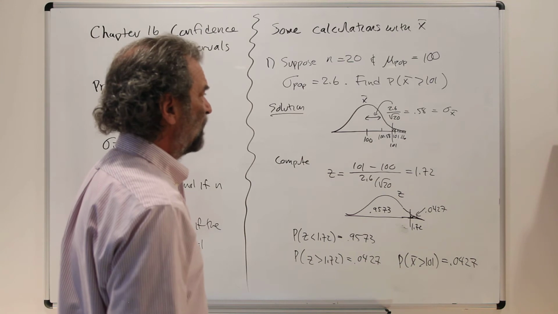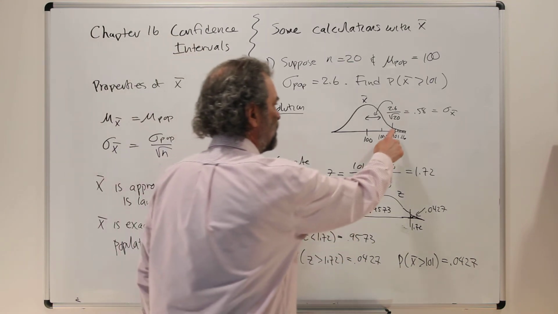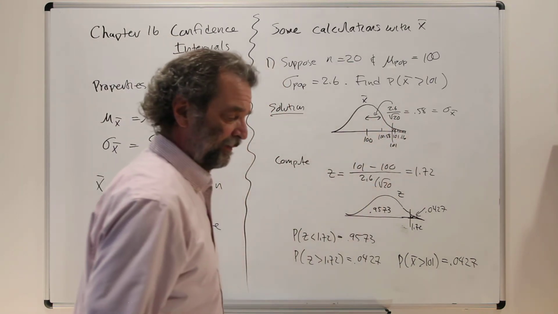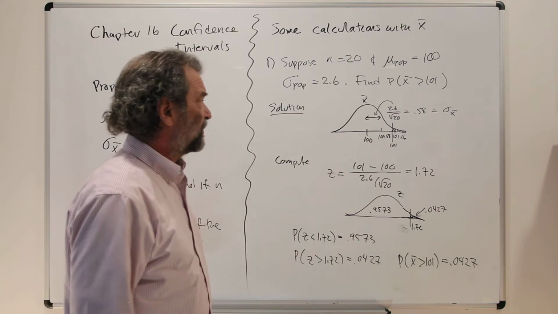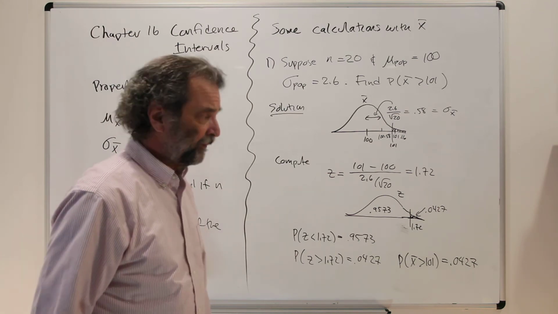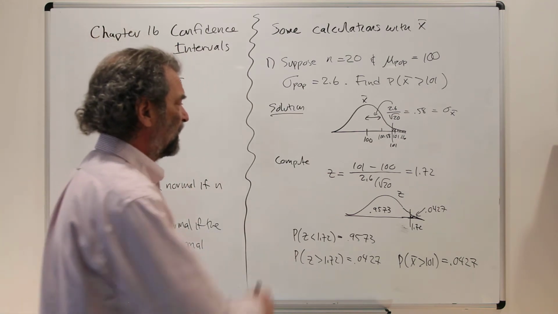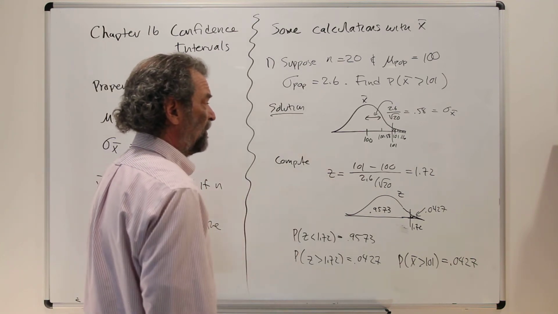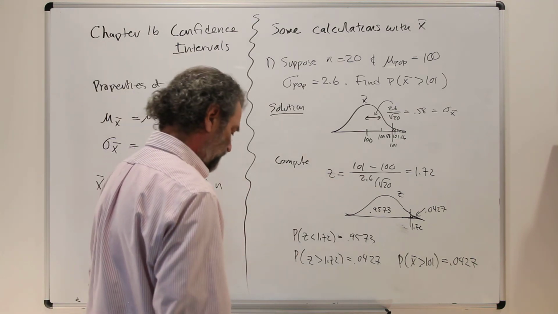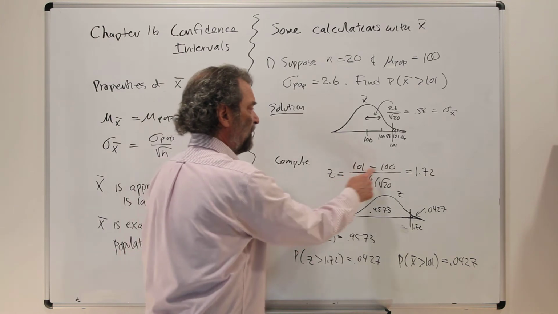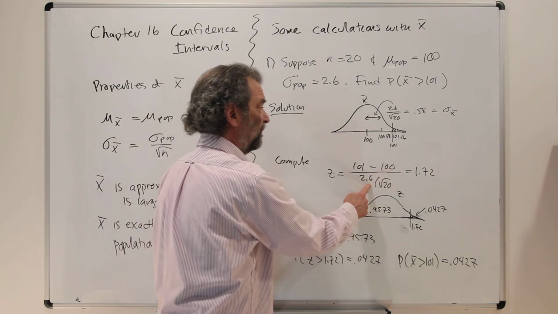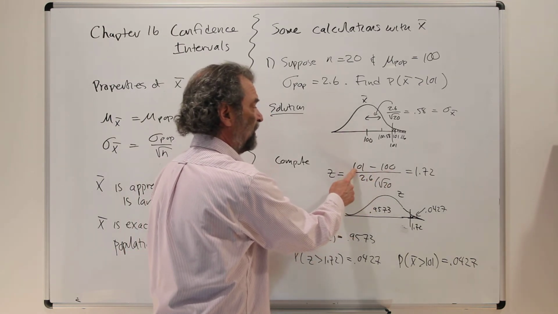And we want the probability x bar is bigger than 101, so we want this upper tail probability for the distribution of x bar. And the plan is to compute a z-value. We know x bar is normally distributed, so we can compute z. We put value minus mean over standard deviation. The value we're interested in is 101.